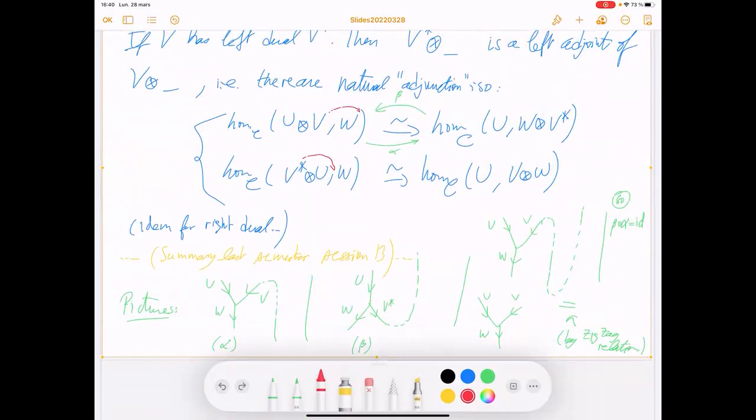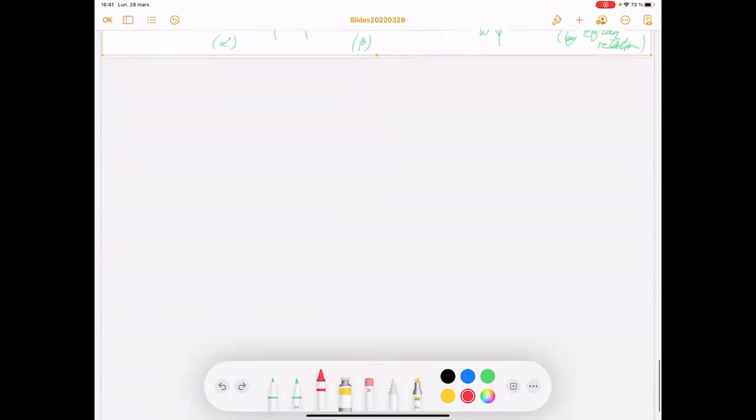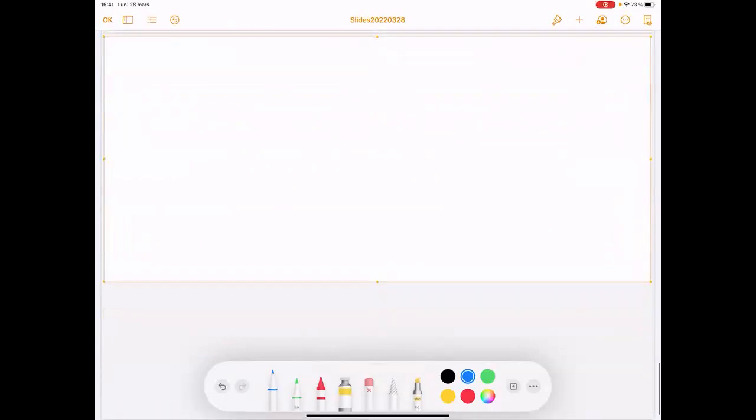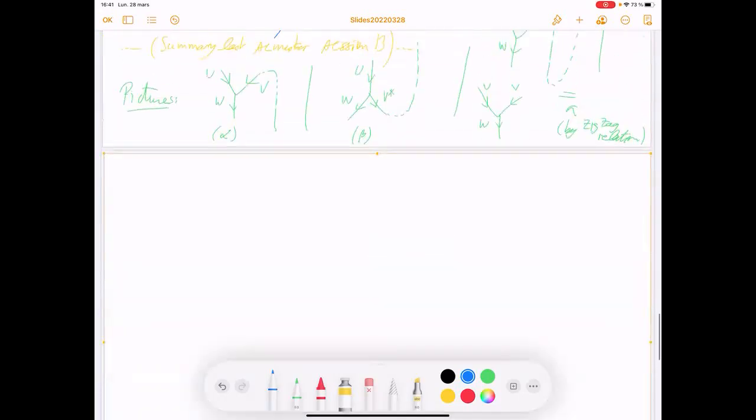Okay, so now, what about now? Now we can define, so at the beginning of the section we define the notion of rigid monoidal category, and we define it as having objects with left and right dual.